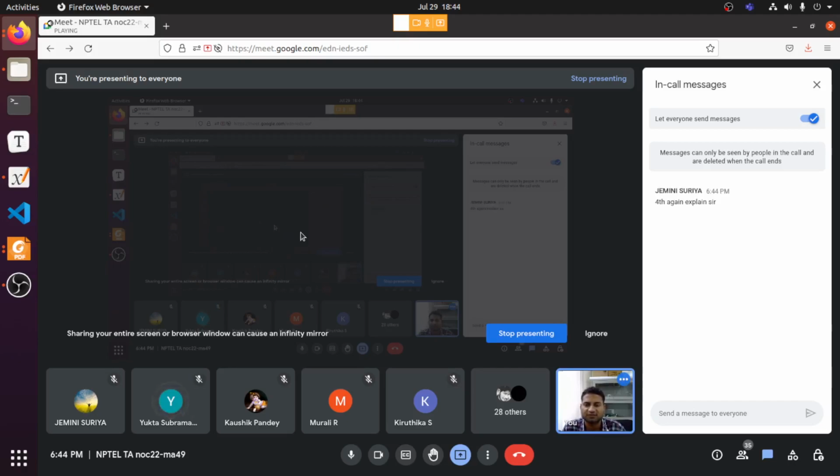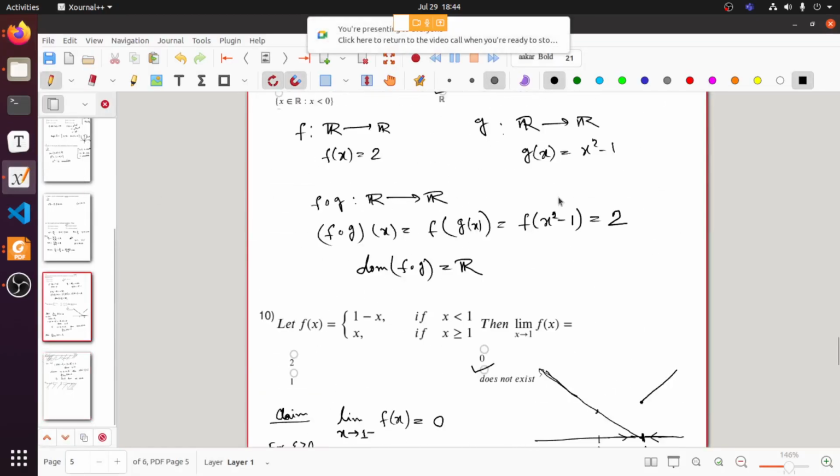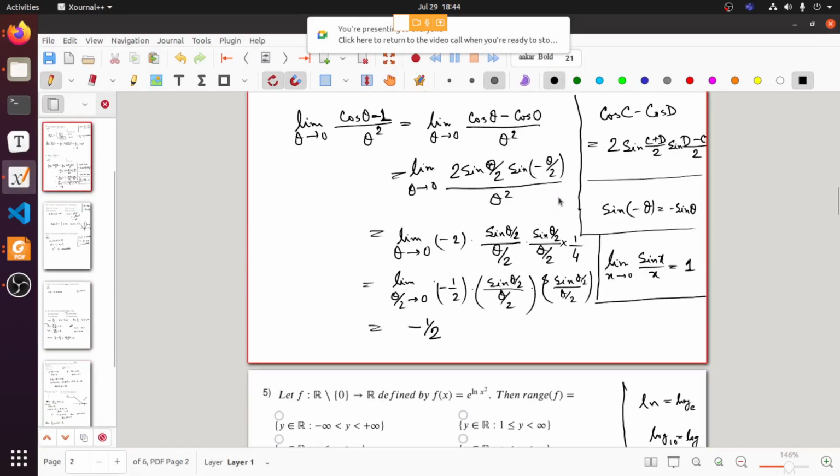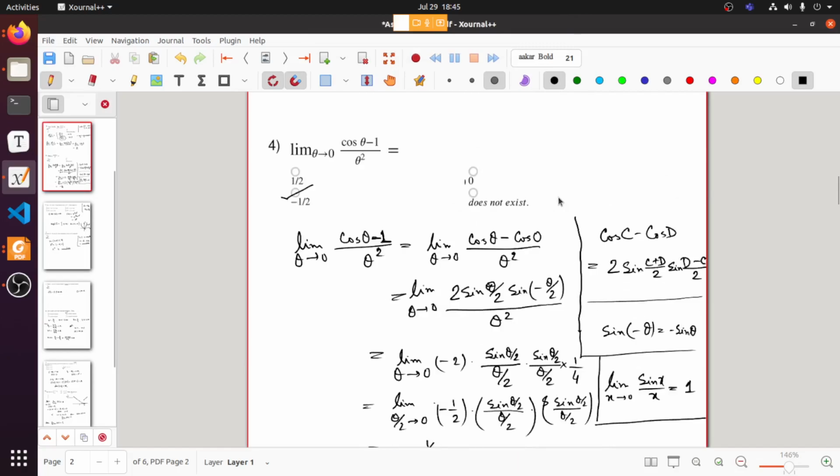Okay, the fourth one. Explain again. Okay, the fourth one. You have to find the limit of this as theta tends to 0. Right now you cannot evaluate this because at theta equals 0, numerator and denominator are both 0.